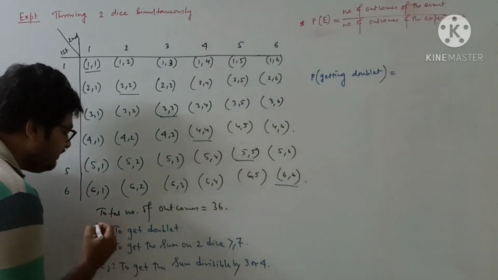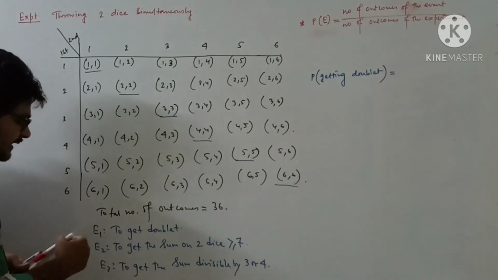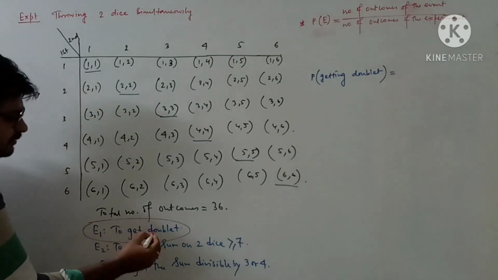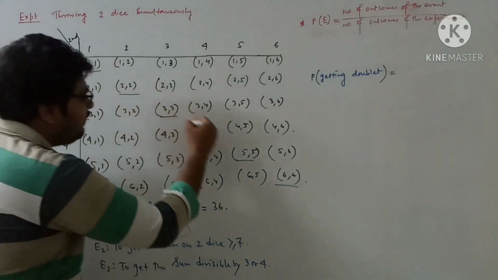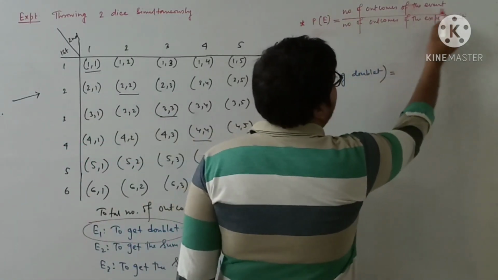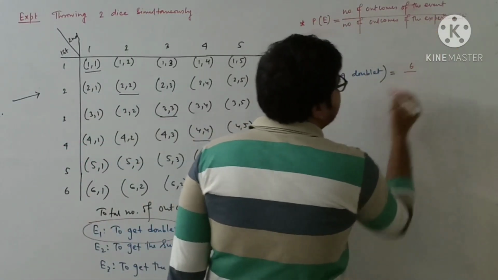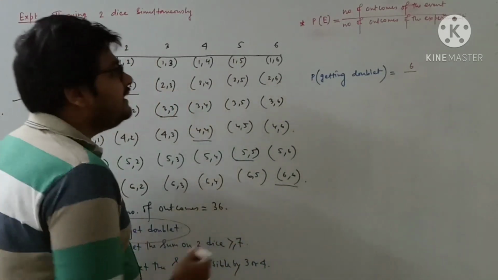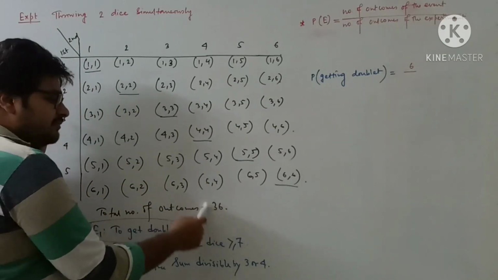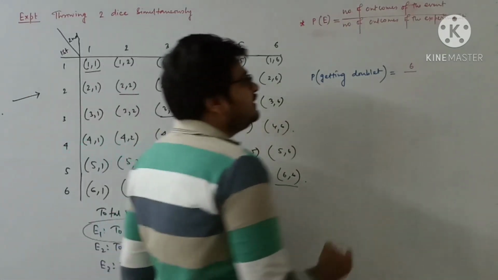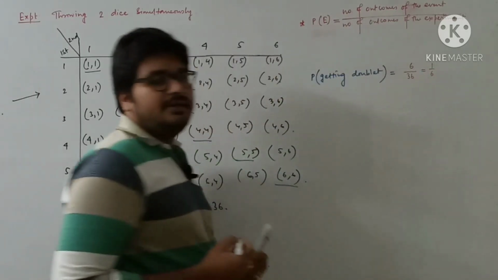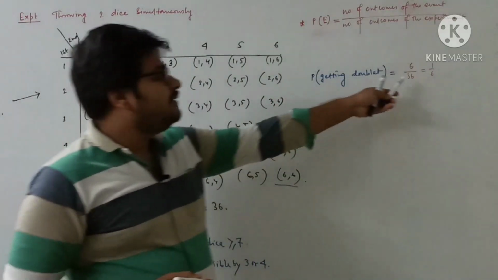So related to event E1, to get the doublet, the number of outcomes is 6. And the number of outcomes of the experiment is 36. So it will be 6 by 36, and the probability will be 1 by 6. I think it is clear. Always simplify to give the answer.